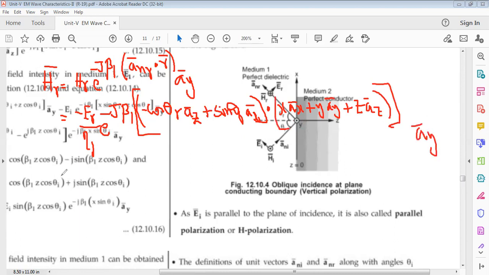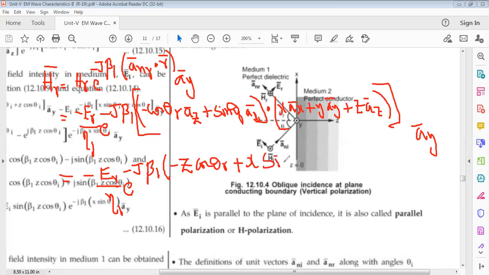Now, in the power, minus E_r by eta 1 in the exponential power e power minus j beta 1, having a_z with a_z only, so minus z cos theta r plus x into sin theta r, into a_y bar is H_r bar.